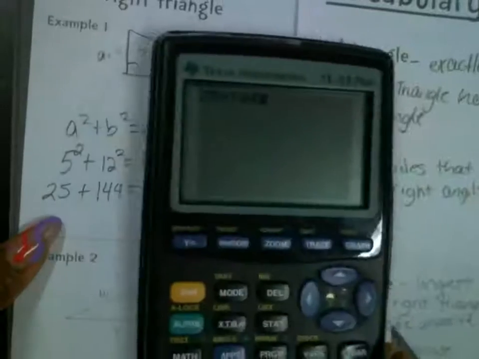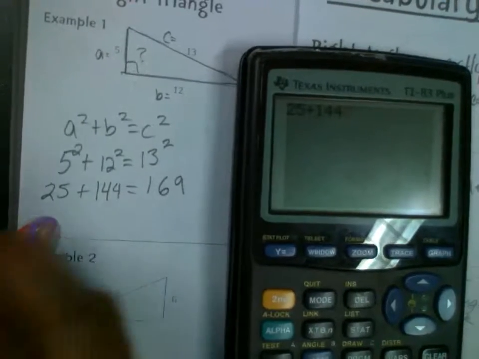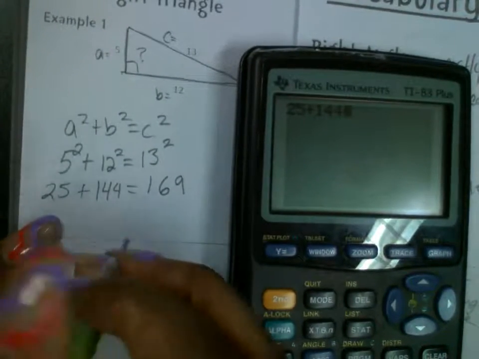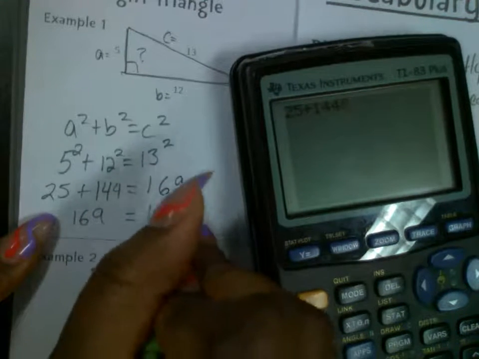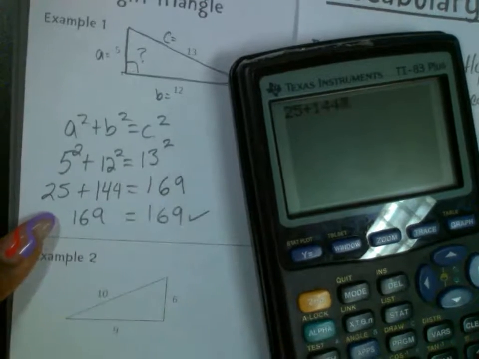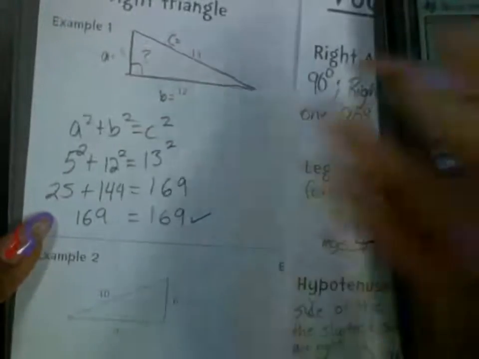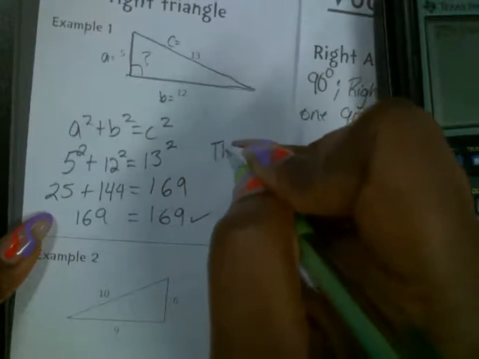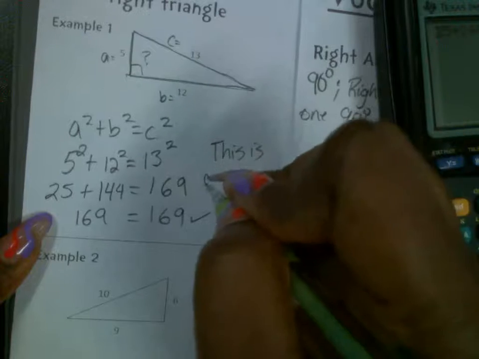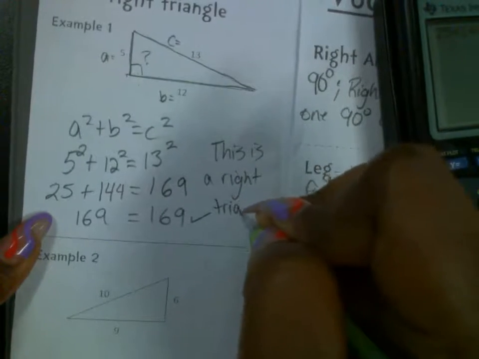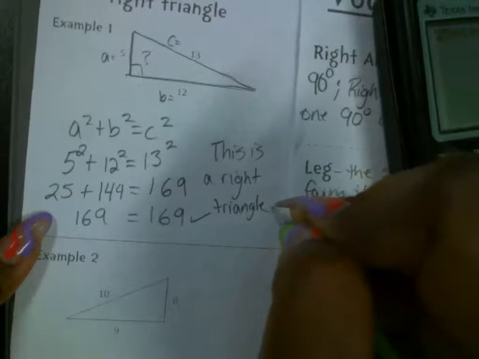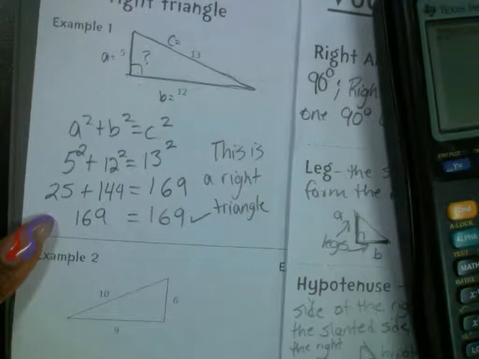What's 25 plus 144? 169. Okay. So is 169 equal to 169? Yes, of course it is. So this is a right triangle. If it didn't work, then it's still a triangle, but it's not a right triangle.